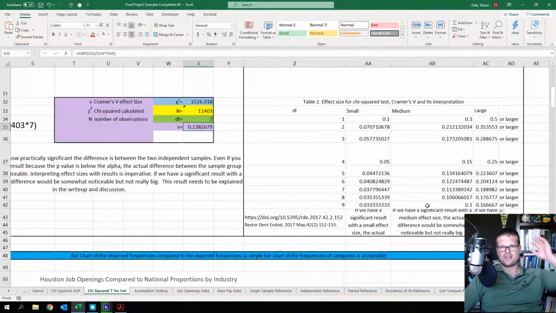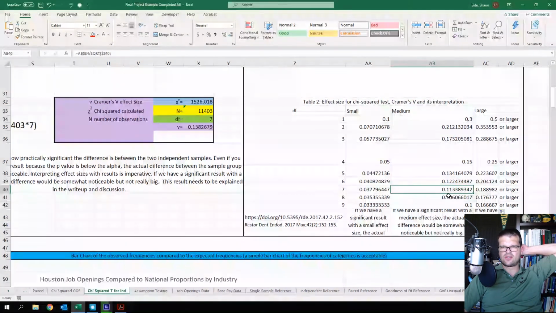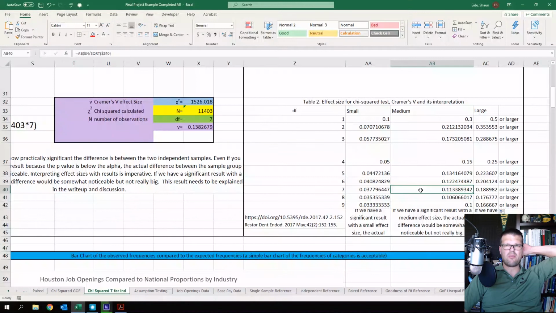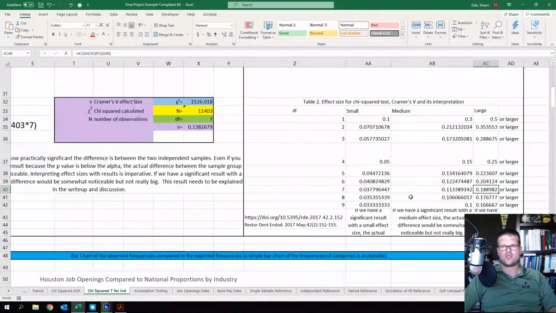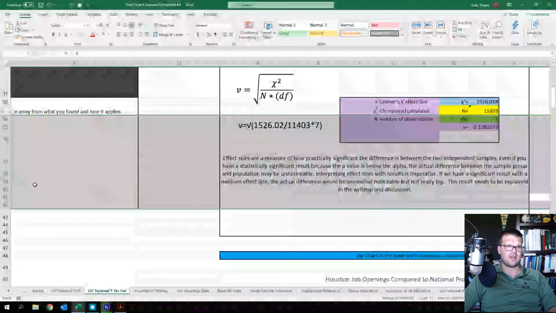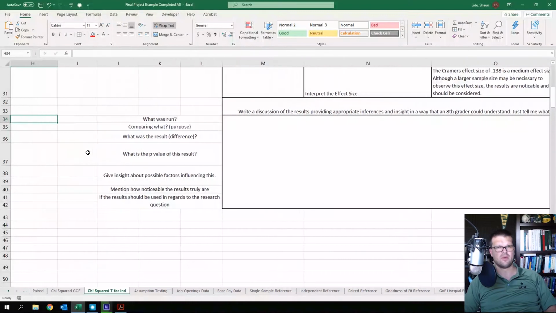And so the question is, with 7 degrees of freedom, it is closer to a medium effect size, right? So I'm going to say that is somewhere between a medium to a large effect size, but closer to a medium effect size.